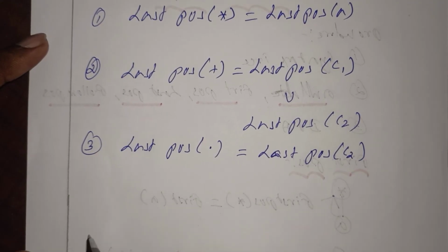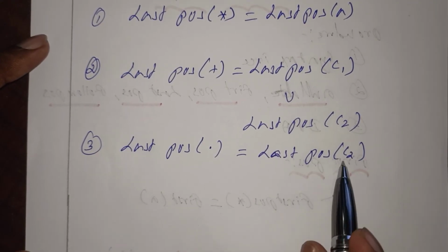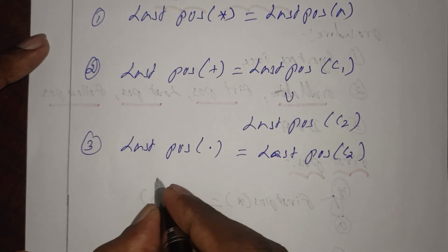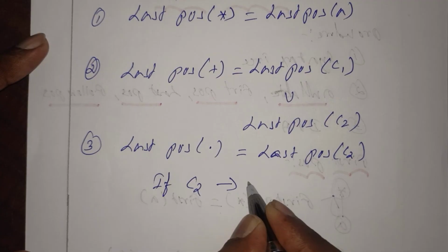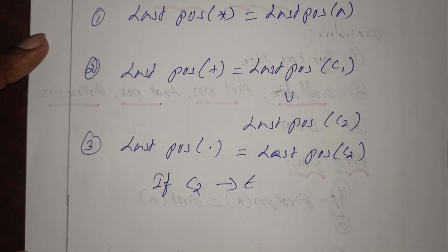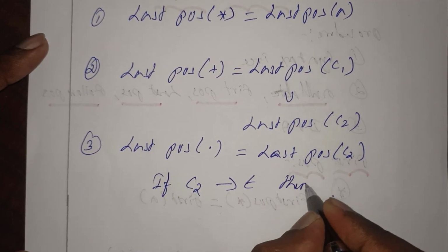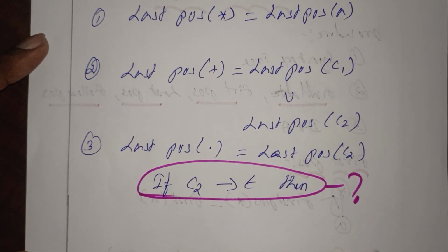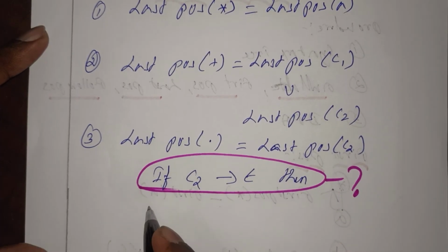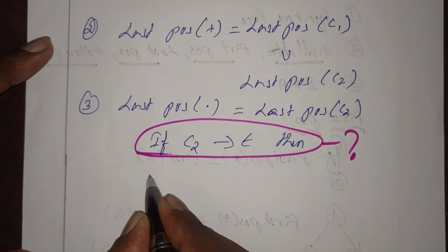If there is a condition, if last position, that is C2, is null, right? So I am writing the condition here. If C2 is epsilon, that is null, then what am I supposed to do? We know well, if this condition arrives, then we need to take the union of this particular thing.